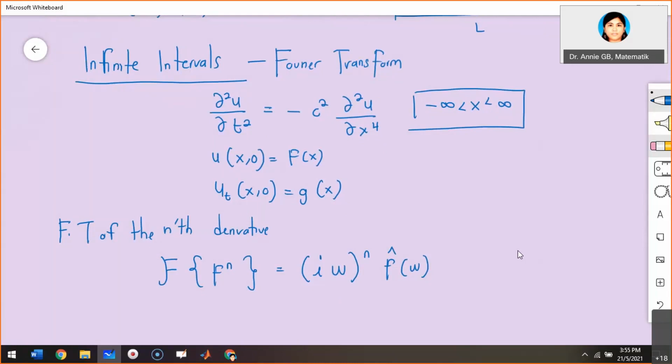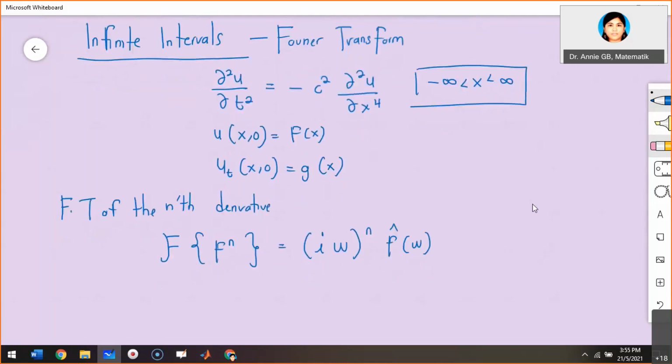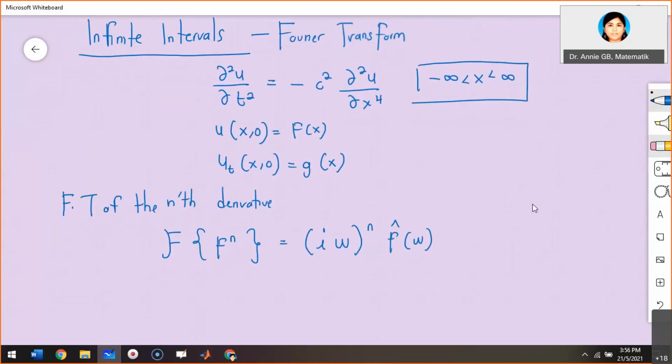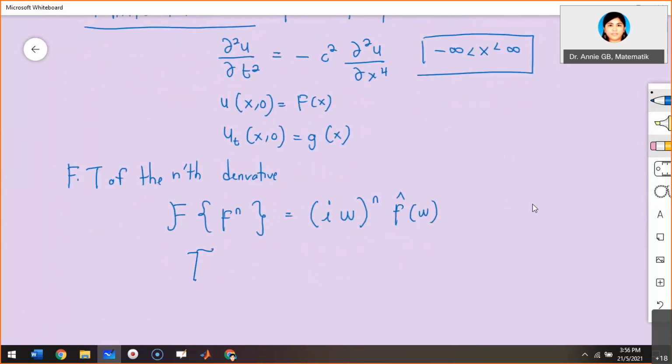So saya akan ambil Fourier transform. Take the Fourier transform of partial squared u over partial t squared, sama dengan negative c squared, ni constant. So take the Fourier transform of partial fourth u over partial x to the fourth.